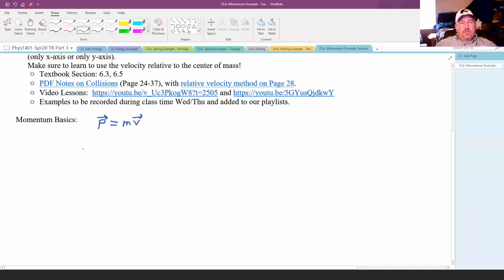And one of the reasons we like momentum is that for a single object, the change in momentum is determined by force. It is F average times delta T. So if you exert a force on an object for some period of time, then you are giving that object some momentum.